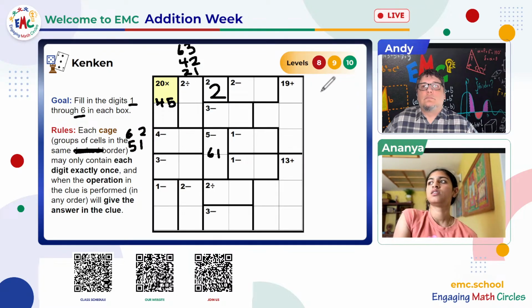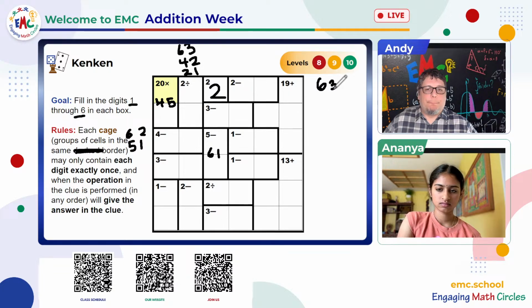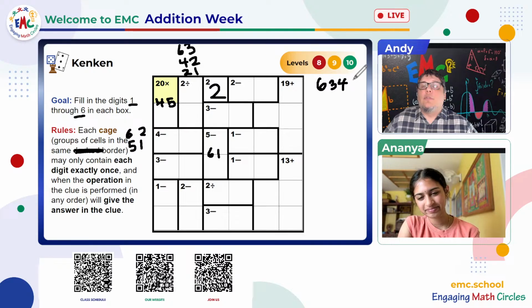Then 4, 5, 1. 6, 3, 4, 5, 1 makes a 6. So we could have 6, 3, 4, 6. You can repeat as long as they're not in a row or a column.